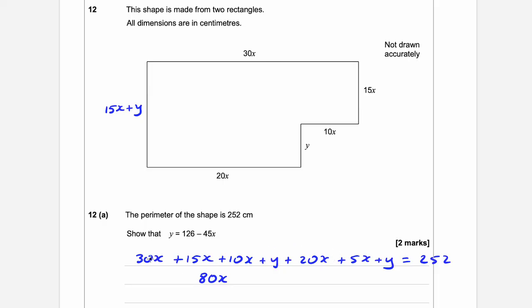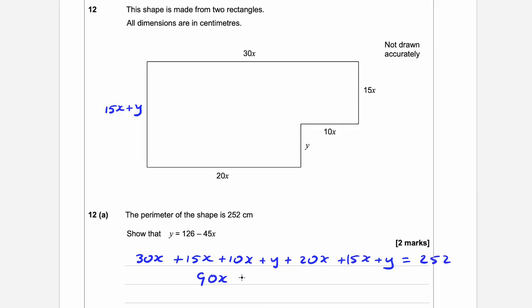Have I added that up wrong? That's 45x, 50x, 70x, 80x. That is correct. I feel I have lost something, guys. Anyway, oh yeah, I did. It's 15x plus y. I had a feeling because I saw the 45 and I'm going to divide by 2. So, okay, that's 90x.